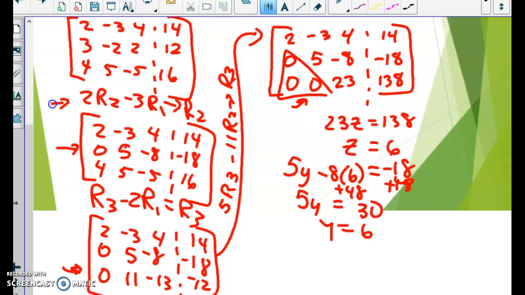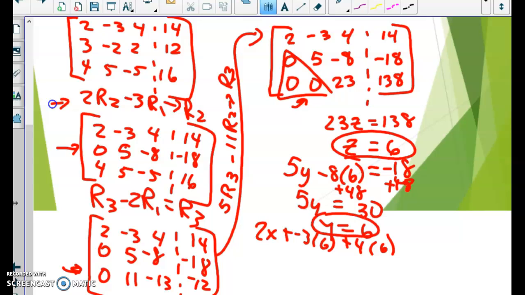And then my last equation, I get 2x plus -3 times 6 plus 4 times 6, z is 6 also, equals 14, and I get -18 plus 24 equals 14.